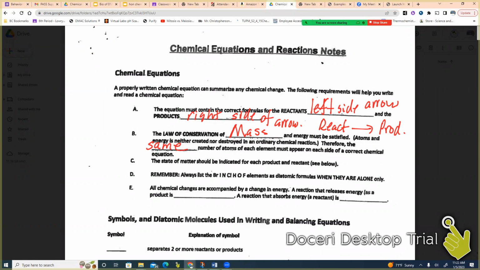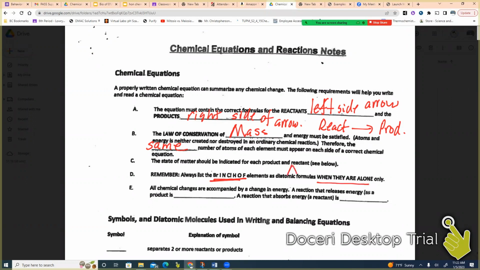The states of matter should be indicated with each product and reactant. We'll do that some, but you don't have to do that on every equation, and we'll talk about that more. Remember that you have to memorize your diatomics. And when they are alone, they need to be two atoms together.